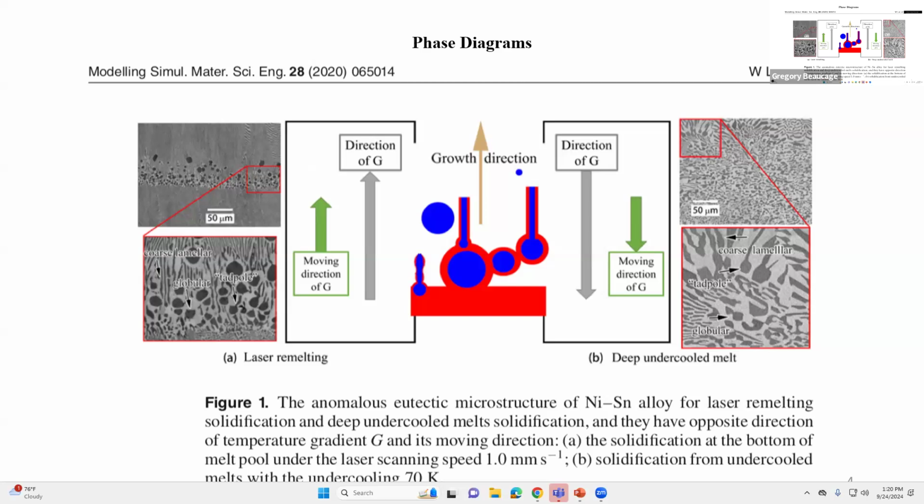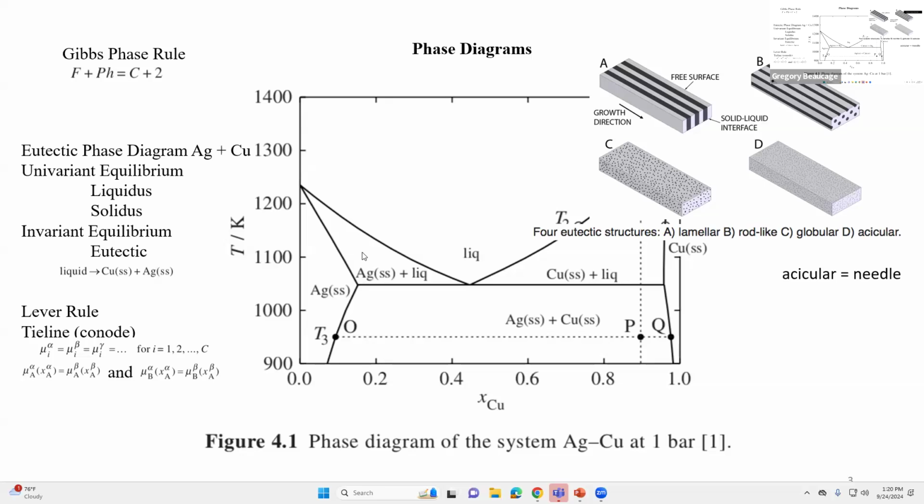Thermodynamics is guiding it, so you can tell what the composition of each of these phases are, but the structure is determined by kinetics. So this whole thing with the phase diagram is really a combination of thermodynamics and kinetics. Thermodynamics tells you what it should be if you had forever to get there. And then the actual thing that comes out will be different, and it's going to depend on the cooling rate.